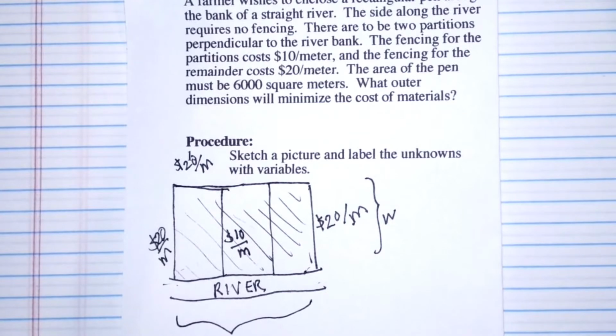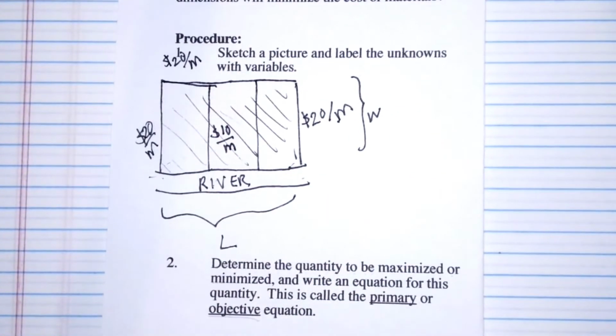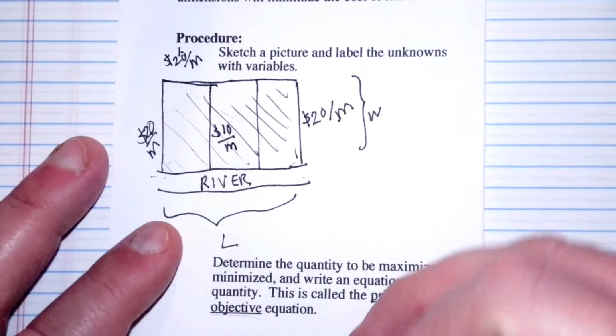Alright, so once we've got our diagram drawn and we've got all of the variables in place, what we need to do is decide what it is that we're being asked to maximize or minimize. In this case, we're trying to minimize cost, the cost of the materials. So we need an equation for the thing that is being maximized or minimized. We need an equation for the cost.